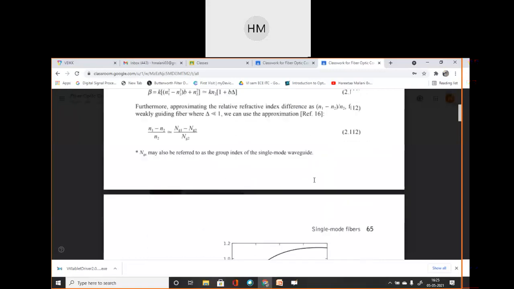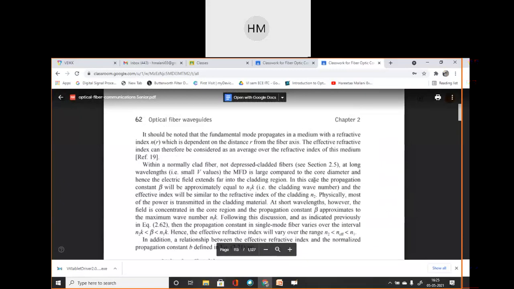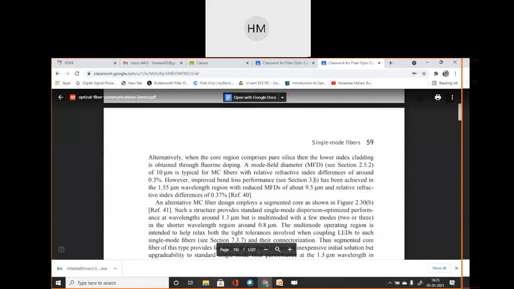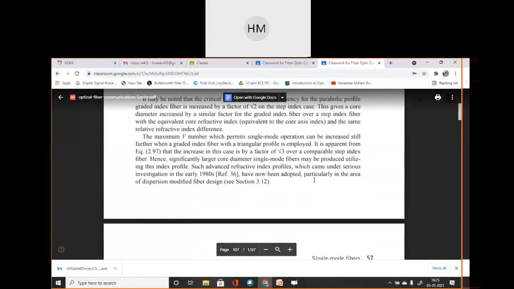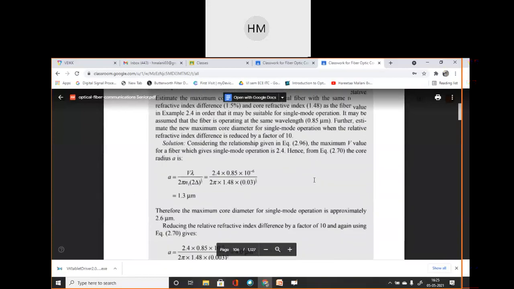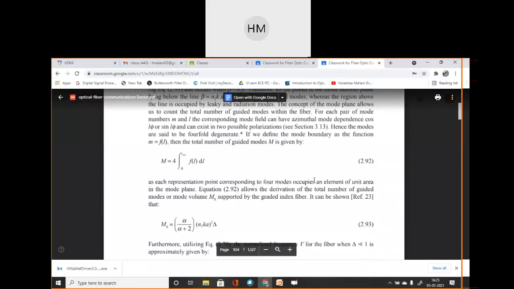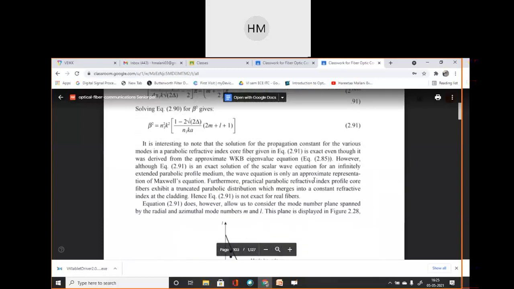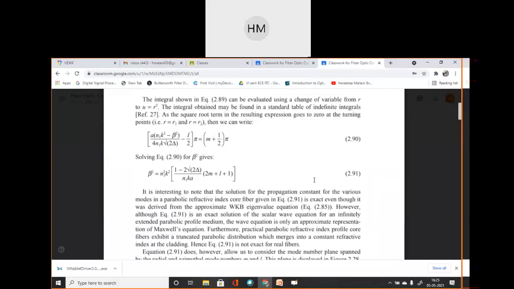Just write down one important equation: the propagation constant beta for various modes in a parabolic refractive index core fiber is given by this equation. This is a very important equation, number 2.91.